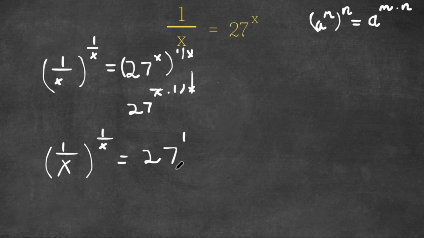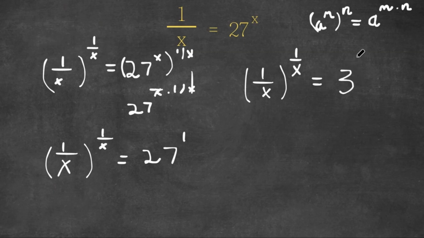Now 27 is the same thing as 3 to the power of 3. So now we have 1 over x to the power of 1 over x is equal to 3 to the power of 3.